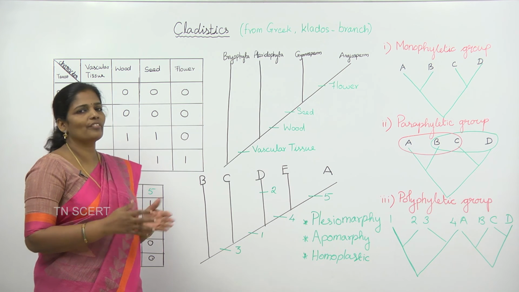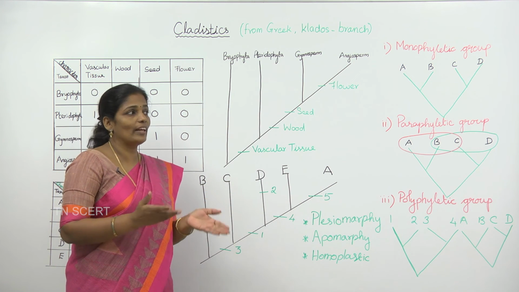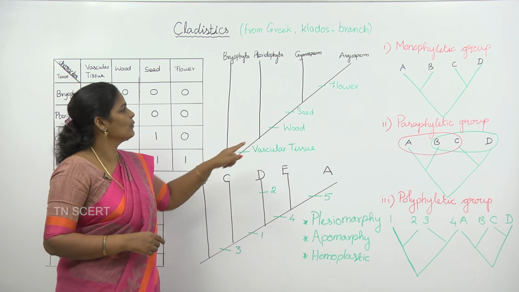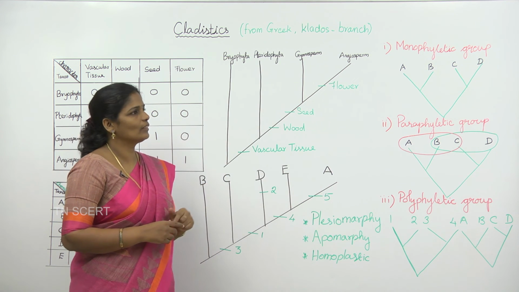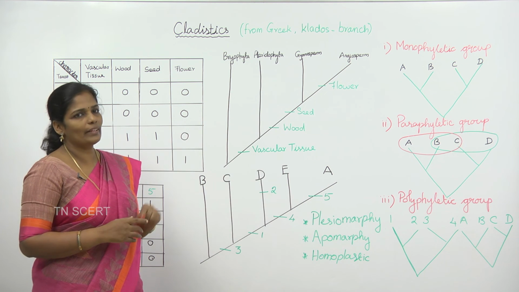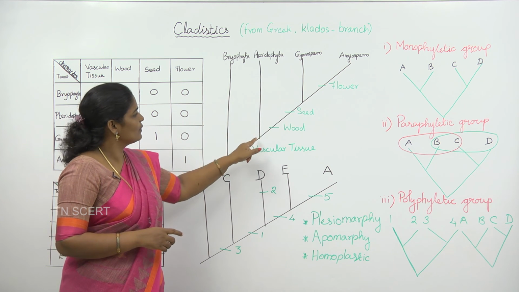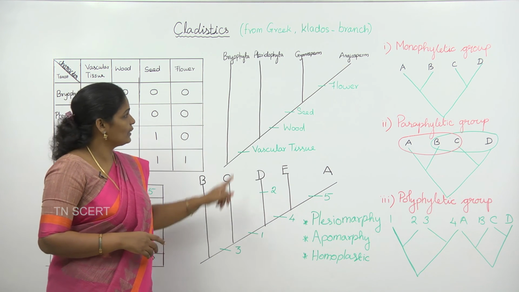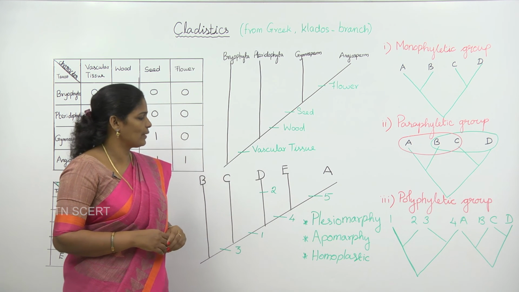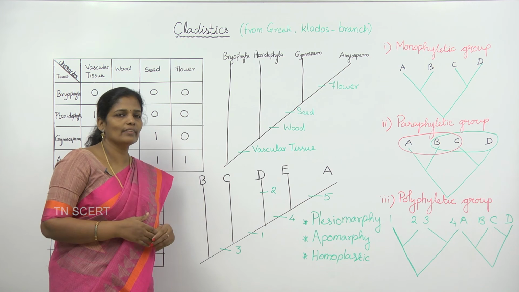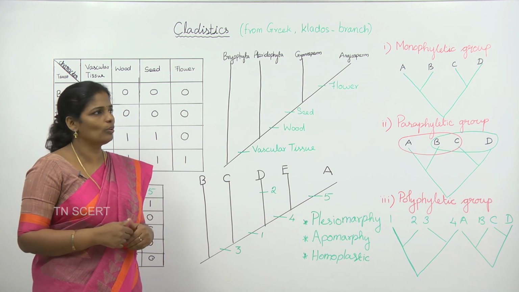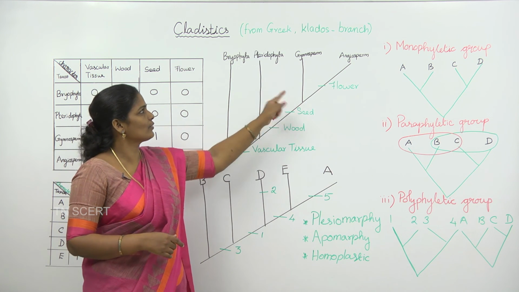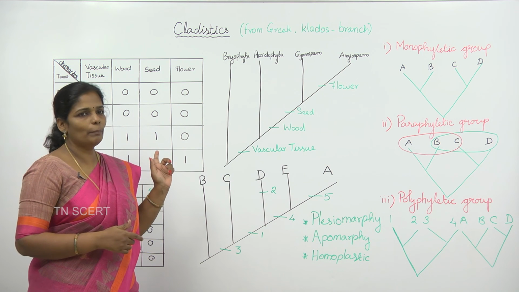And what do you know about homoplastic? A homoplastic character is nothing but a shared character, a character shared by two or more organisms, but absent from their common ancestor. You see, wood and seed are shared by Gymnosperm and Angiosperm, isn't it? Whereas this is absent in the ancestral forms, Bryophyta and Pteridophyta, right? So, that character we consider a homoplastic character. These characters are shared only by Gymnosperm and Angiosperm, not by Bryophyta and Pteridophyta.